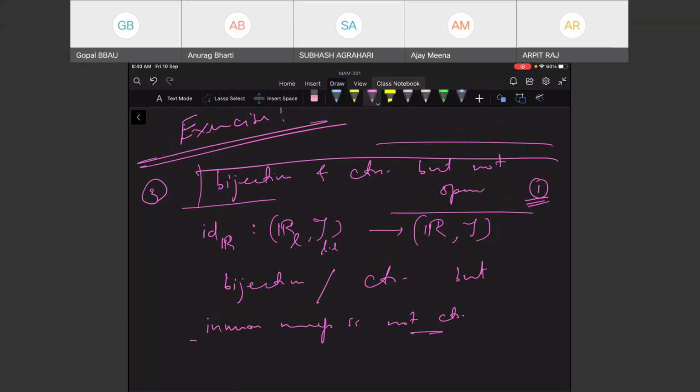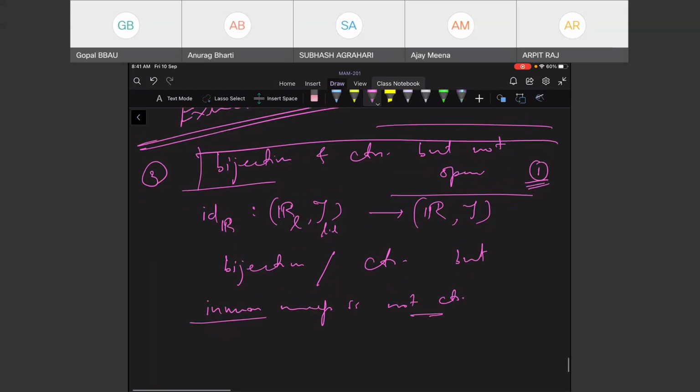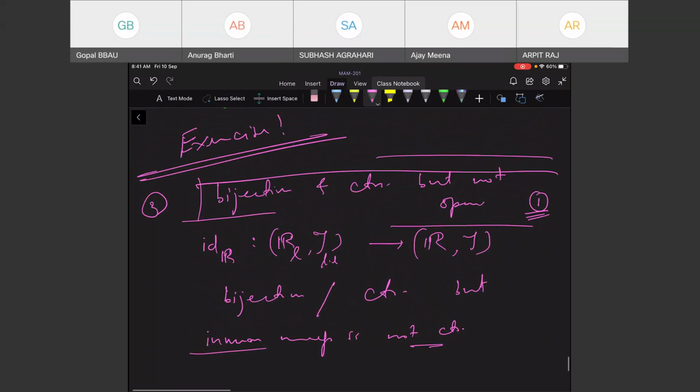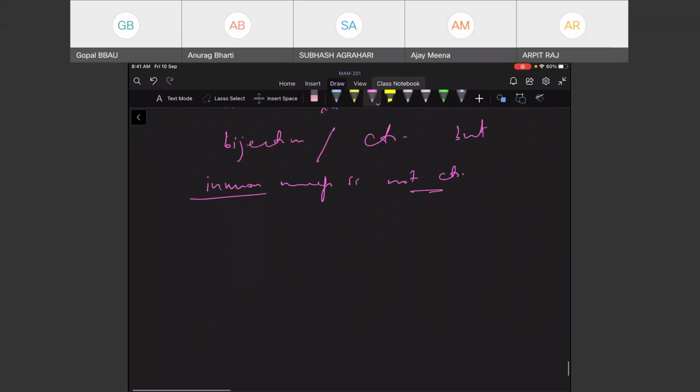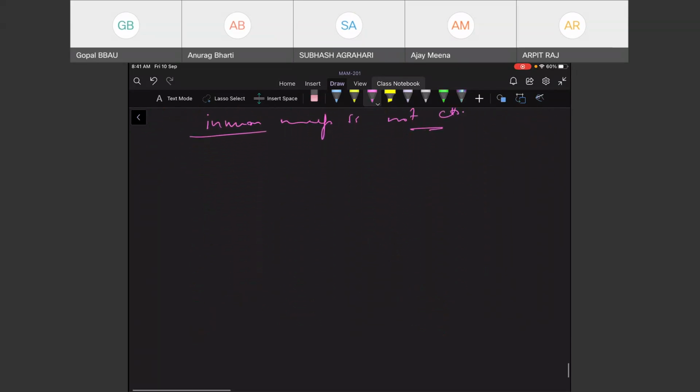If a bijective map is open, then its inverse is continuous. So here is another example of the same type: a bijective continuous function whose inverse is not continuous, or which is not open.